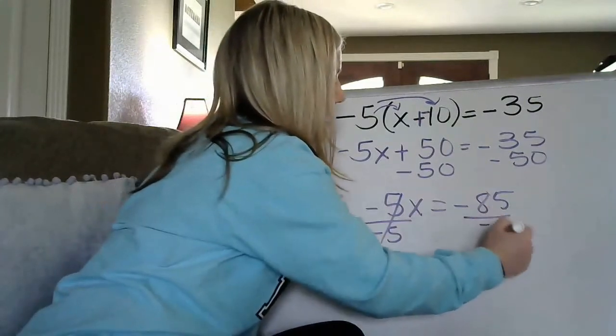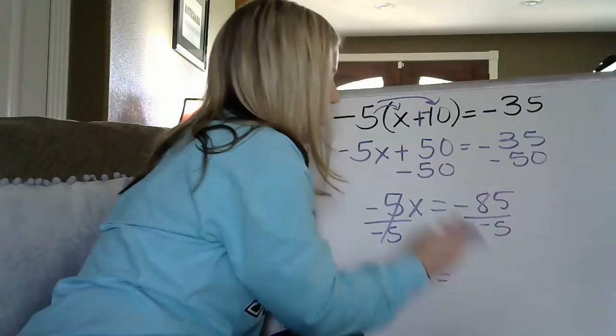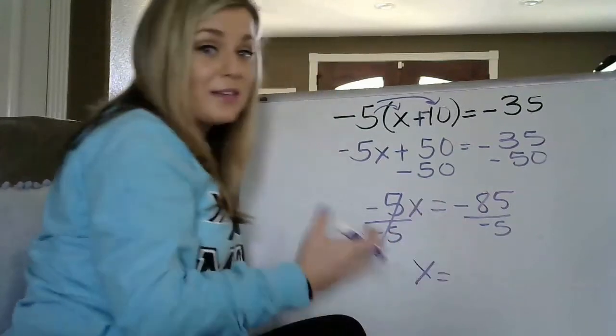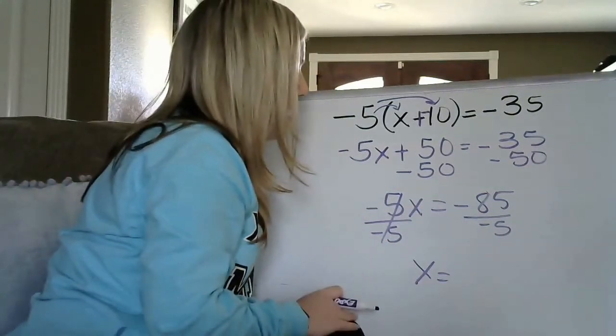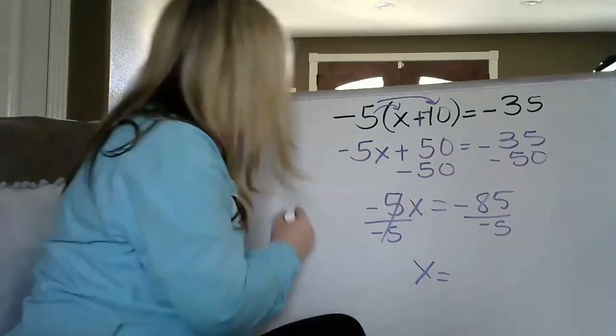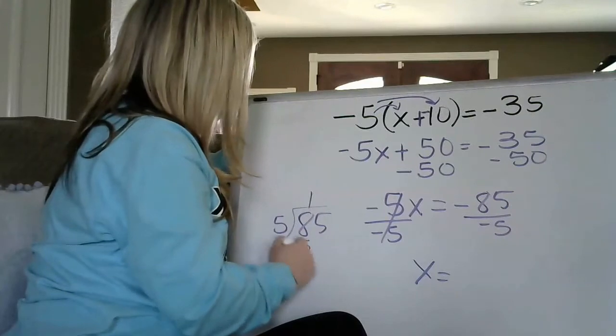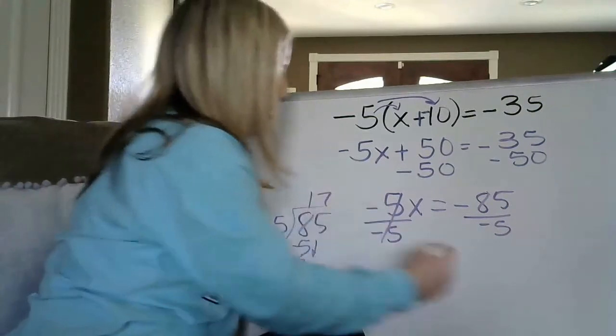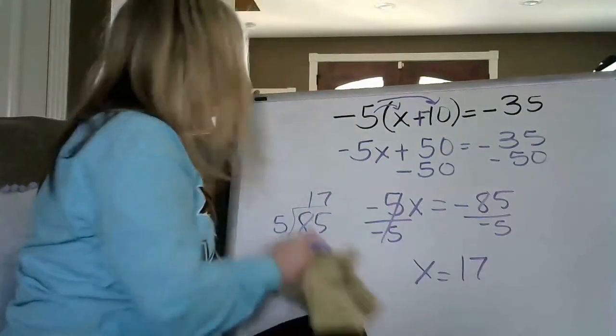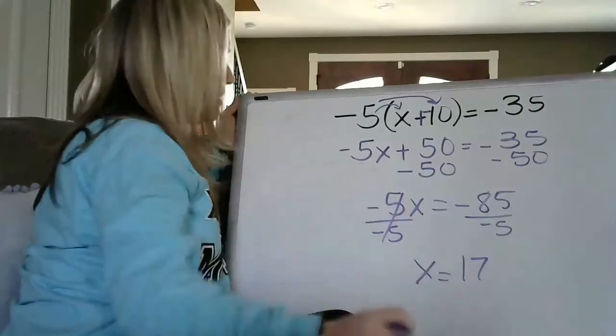A negative divided by negative is positive, so my answer is going to be positive. 85 divided by 5 is 17. Positive 17 is going to be my answer, and I'm going to check.